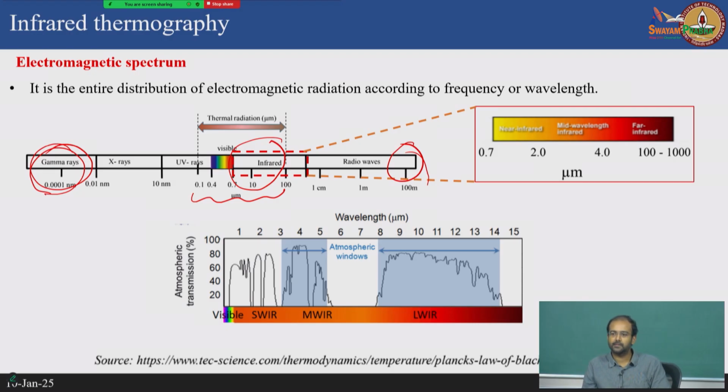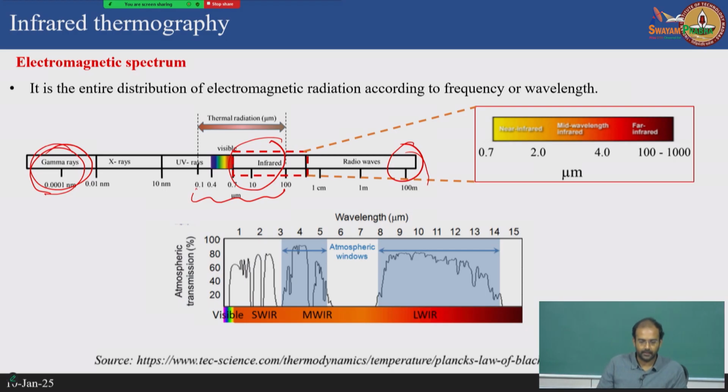And since we are correlating the energy spectrum of the sun with most of the processes that we have on earth, it is more appropriate to use the bandwidth corresponding to the emission from the sun as the reference. That is why we use this band from 0.1 micron to 100 micron as the thermal radiation bandwidth. Is that clear? Okay.